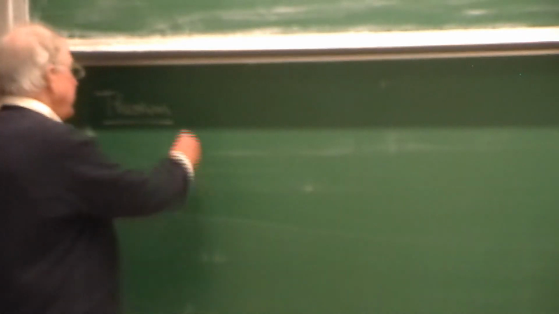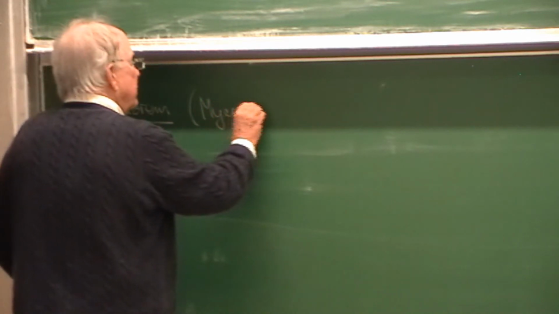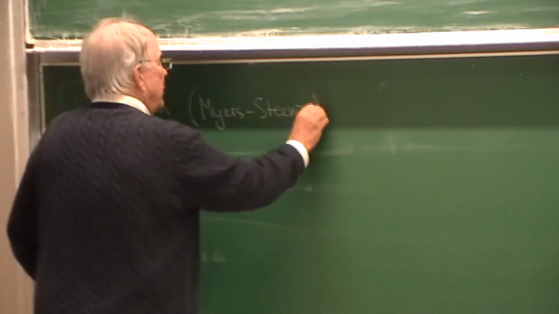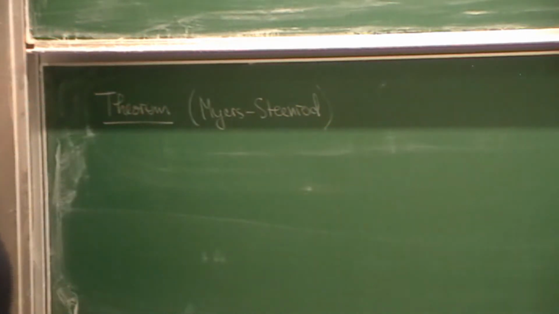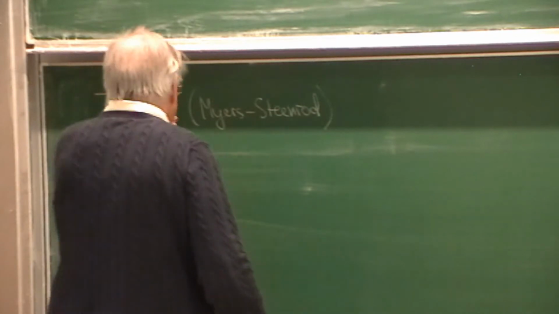Theorem. There's a pair of names that we usually associate to this theorem, Myers and Steenrod. These are also mathematicians from my lifetime, but these people proved this theorem, I think, before the Second War. This is a rather old theorem.